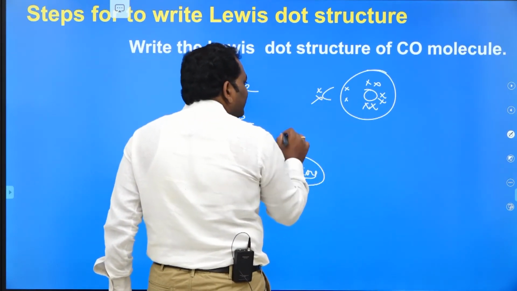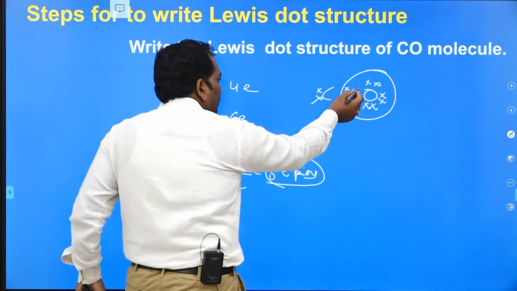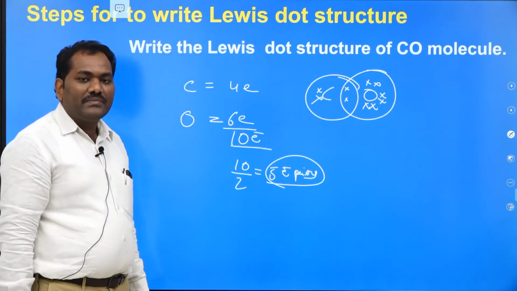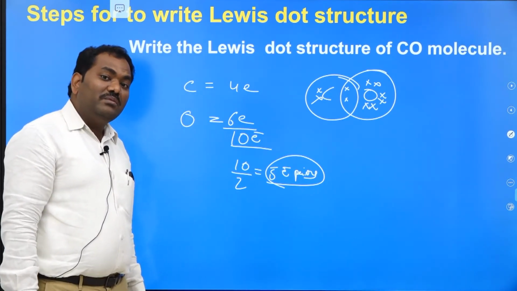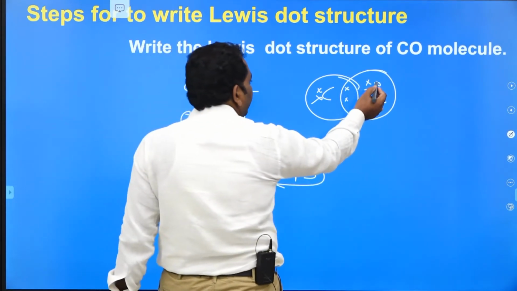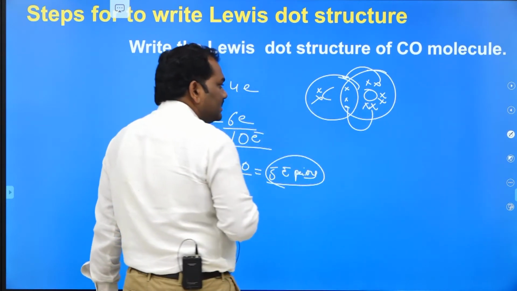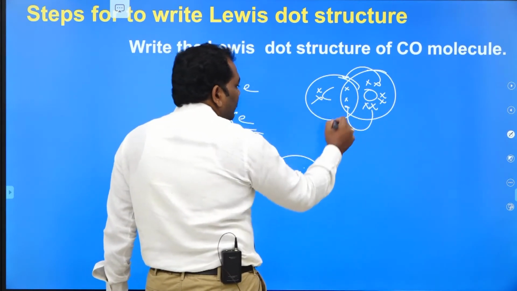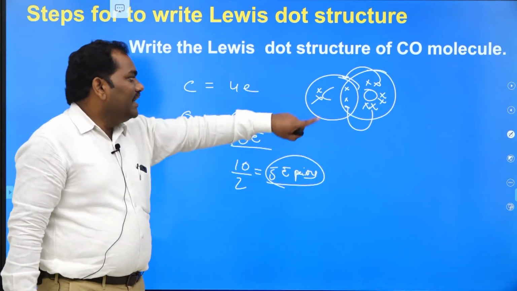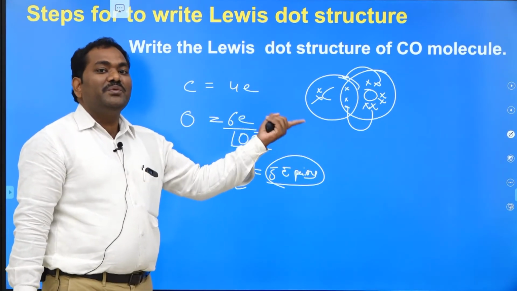But this carbon attains only 4 electrons in its valence shell. It needs another 4 electrons. So we have to shift 2 more electron pairs from this oxygen atom. Due to this, these electron pairs are converted to multiple bonds until carbon attains noble gas configuration.